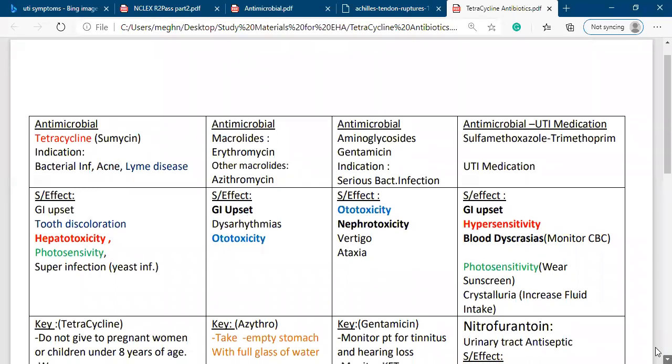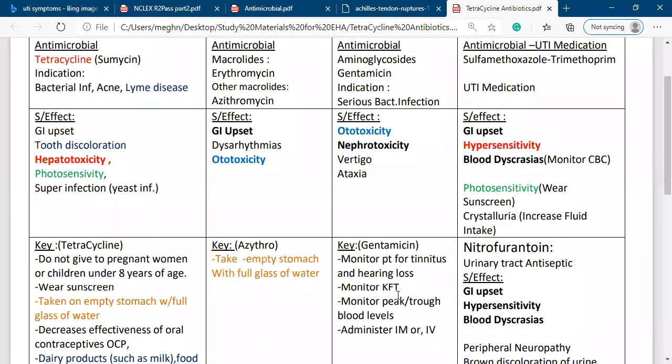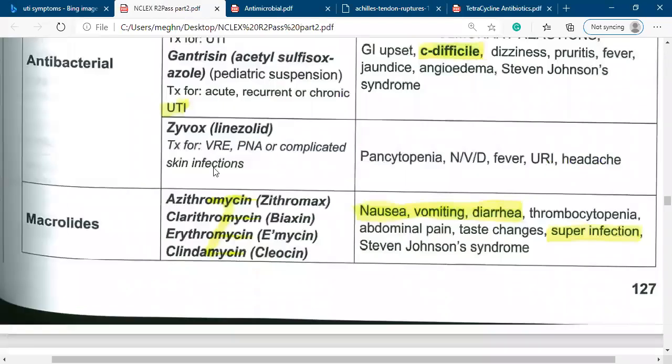The key point for this group: take on an empty stomach. This medication is good to take on an empty stomach, with a full glass of water, right? If you take it with a full glass of water, it should be good.